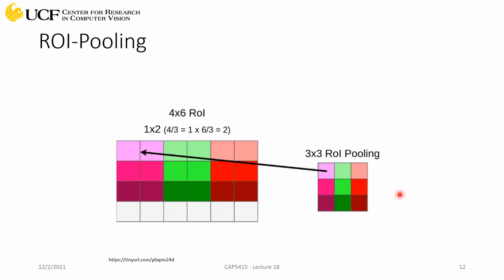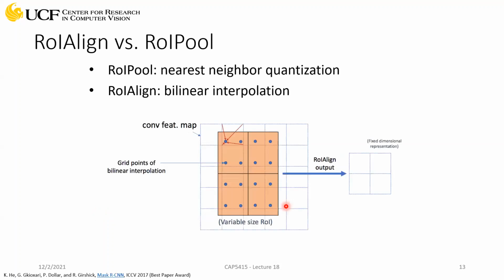The second step was when you actually perform the pooling, which was doing max pooling over these pixels. It depends on your target resolution. If you want 3x3, you have to divide the input feature map into a 3x3 grid. In this case, we are completely losing all these pixels. So these were two steps where we lose some information.